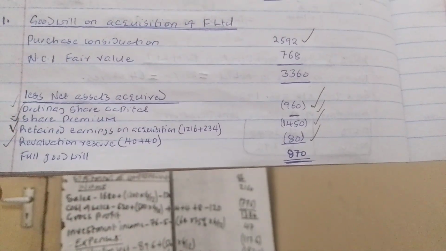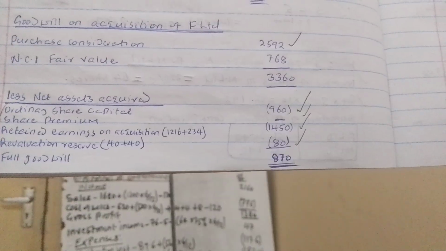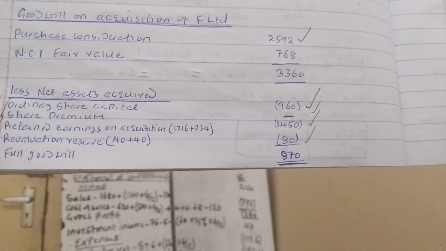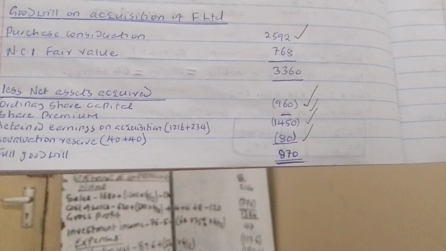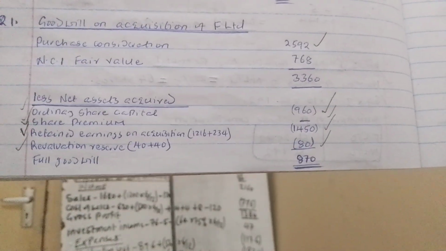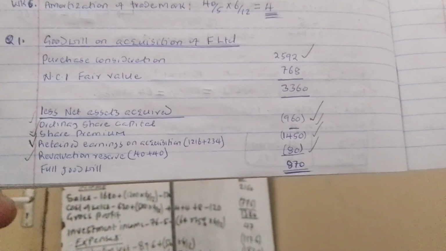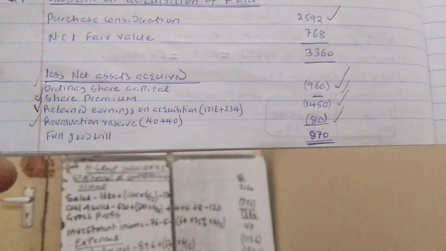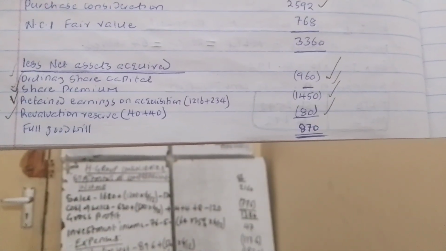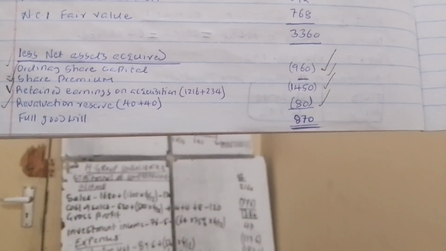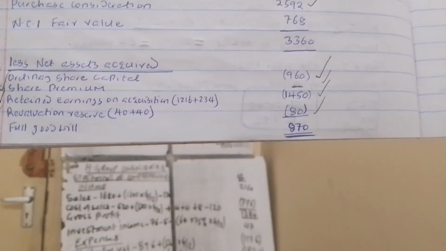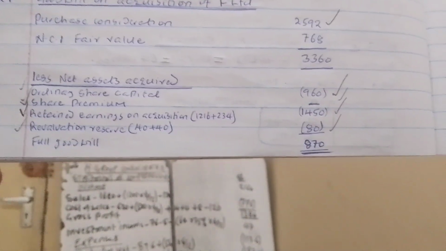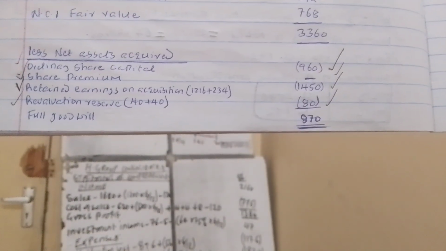However, we are told that incomes and expenses accrue evenly, and the profit by the end of the year for F Limited was 468. So 468 divided by 2 gives 234. That means from the start of the year up to the date of acquisition, we made a profit of 234, plus the opening balance of 1216. That is how you have gotten 1450.